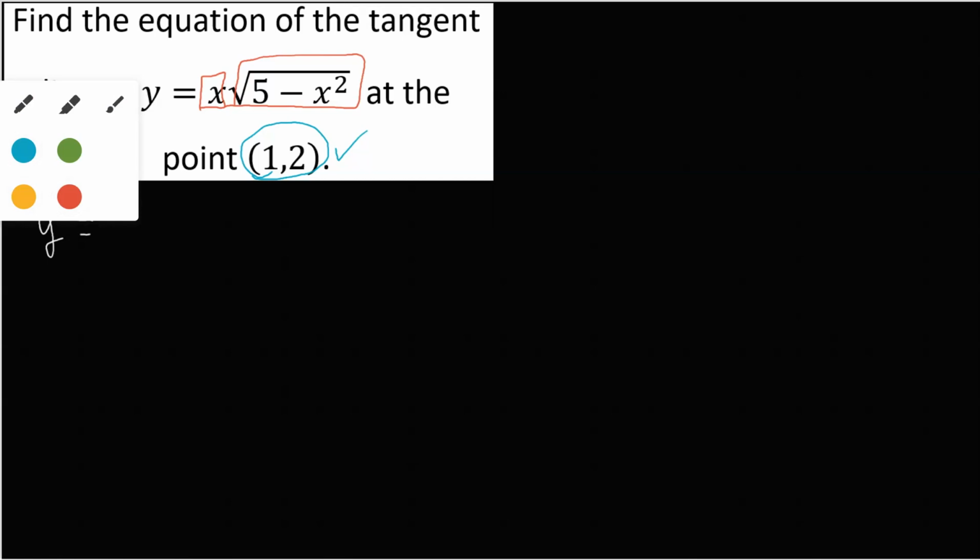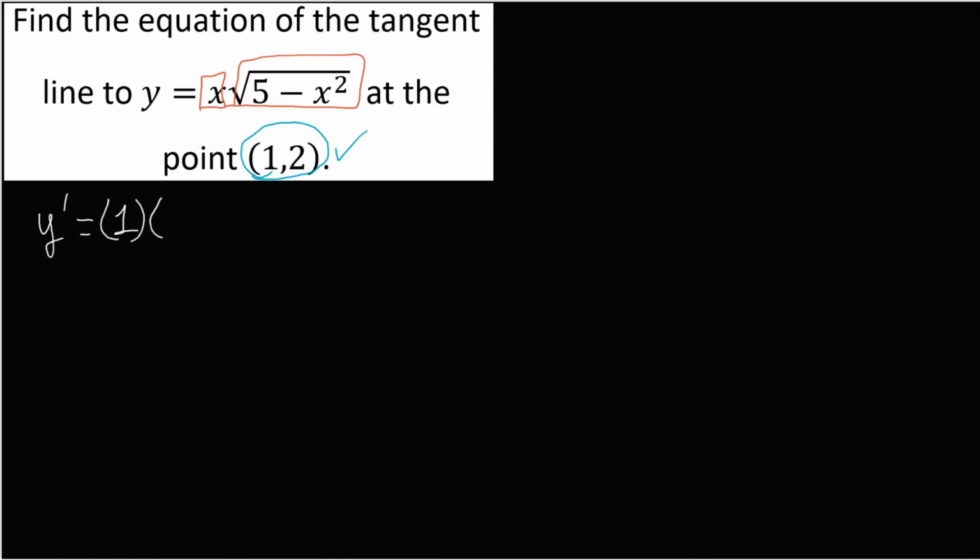Okay, so the product rule will say the derivative of the first function, which is 1, multiplied by the second, which is square root of 5 minus x squared, plus the derivative of the second multiplied by the first.